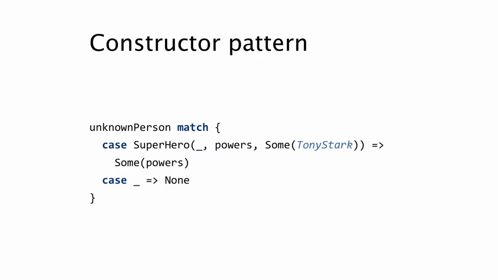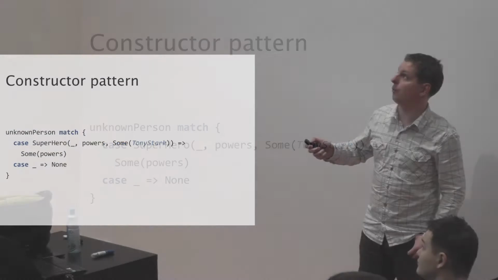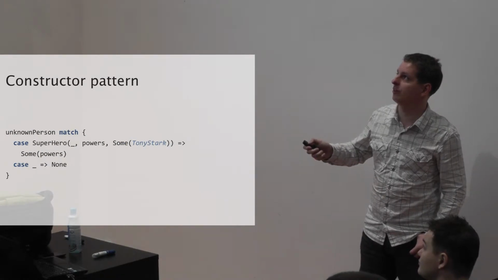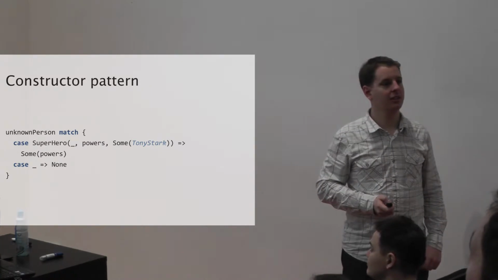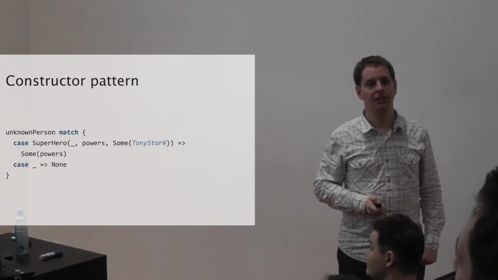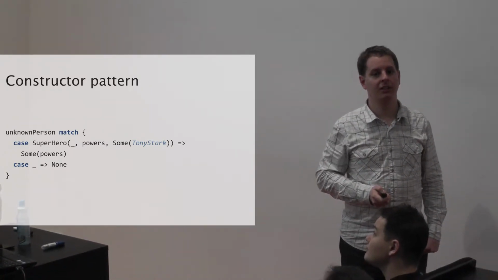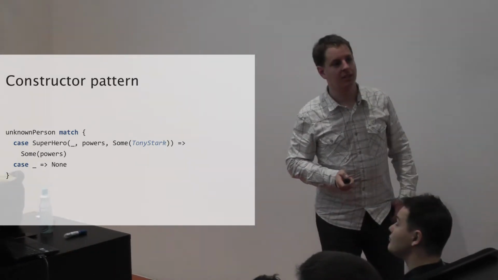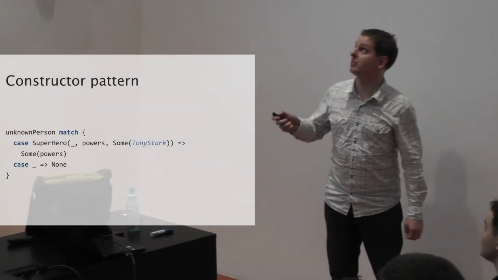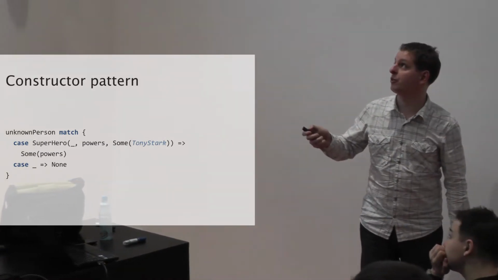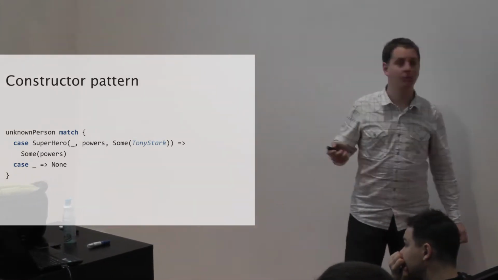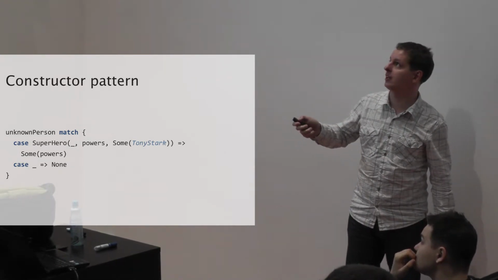So if you recall, the first Superhero class parameter is name. What does this mean, the underscore letter? What does it mean? Like anything or something like that? Yes, any name will match this pattern. So we say we don't really care about the superhero's name because we want to match anything.